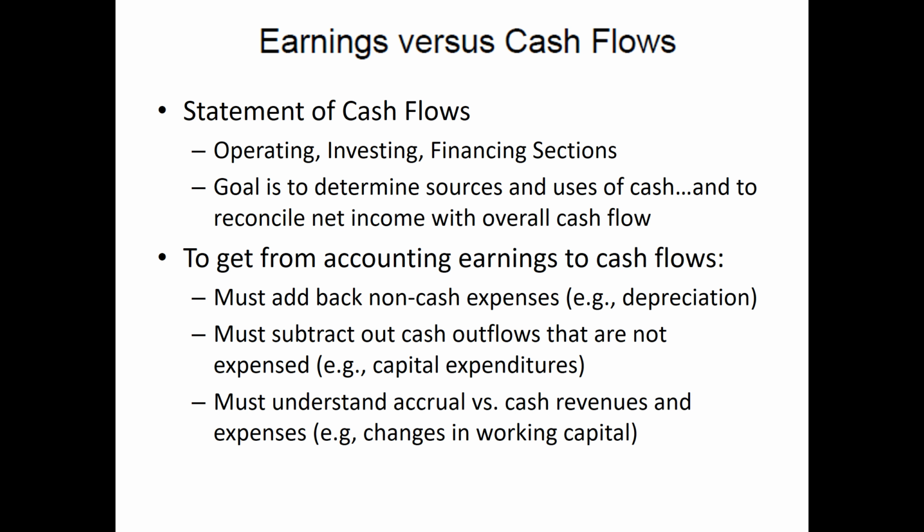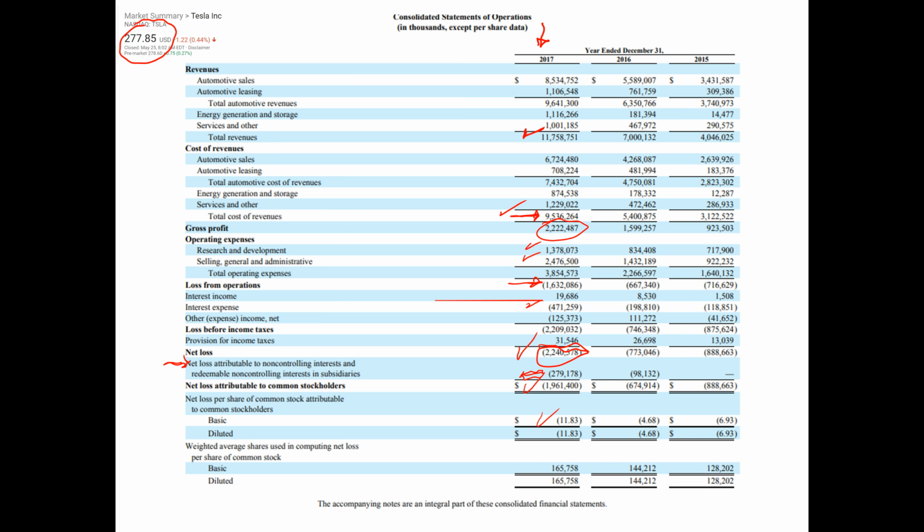Couple more things. The way that accounting works, companies use accounting methods that may or may not be aligned with cash flow coming in or going out. This is called accrual accounting.